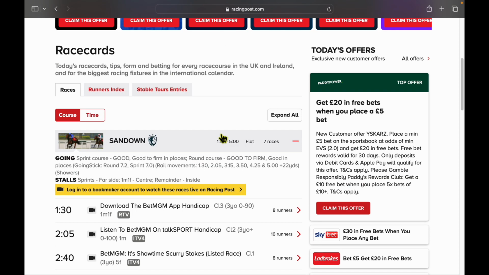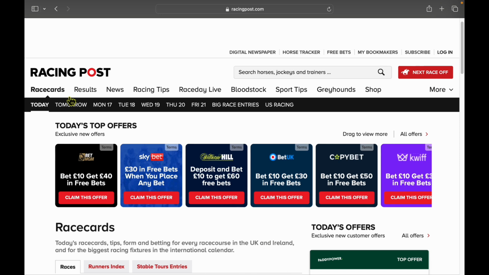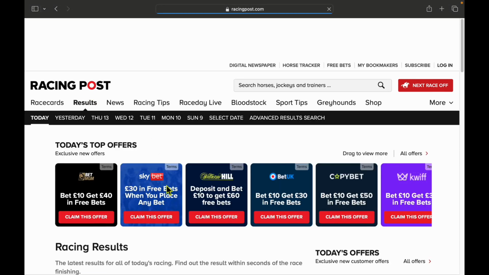So there's an example. Sandown's not the greatest. It can be a very difficult track to work the going out. You will get a feel for the going allowance, and you'll be able to do it rather quickly. If you do 2 or 3 races and you're getting roughly the same figure, then that'll be it. Don't carry on any further. And obviously not all courses are like Sandown with a separate sprint track.